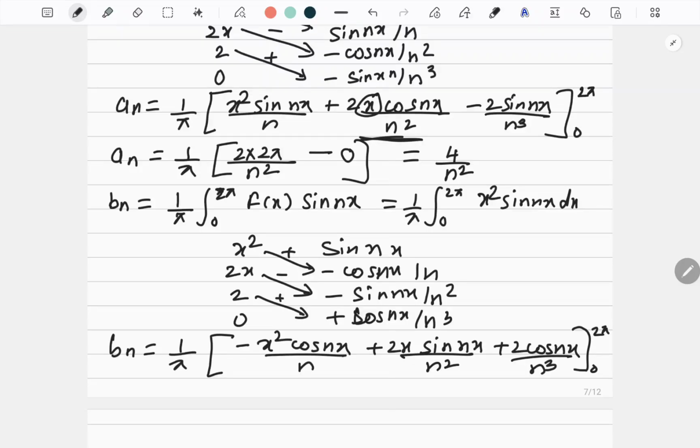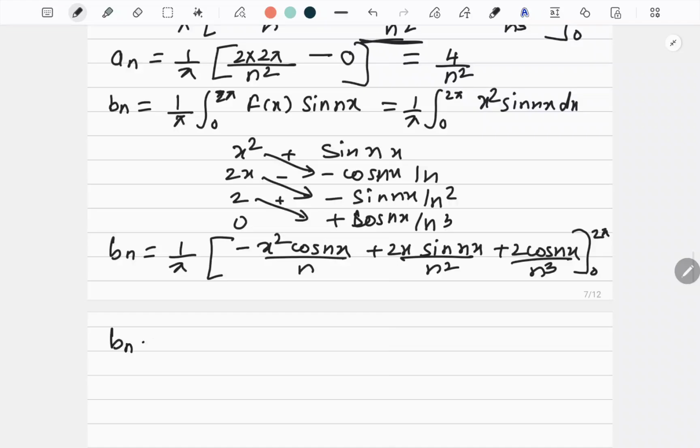Again, the sin term we ignore. You have to put the value only in the cos term. So now Bn is equal to 1 by pi. First here, minus 4 pi square upon n, cos 2n pi is 1. The second term becomes 0 because of sin. Third term, plus 2 by n cube, because that will again become 1.